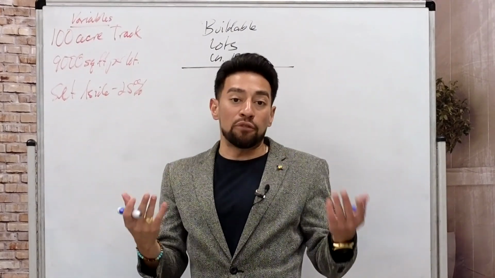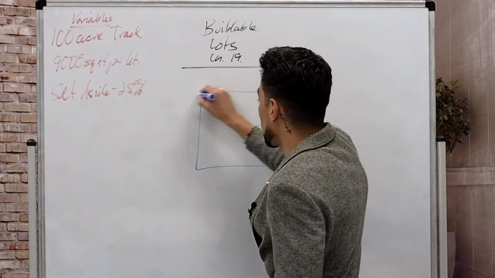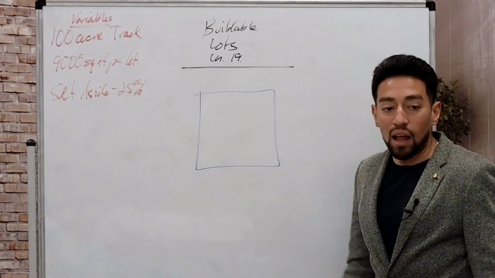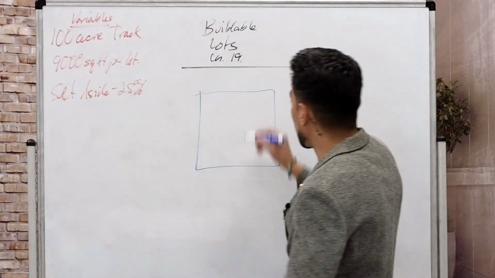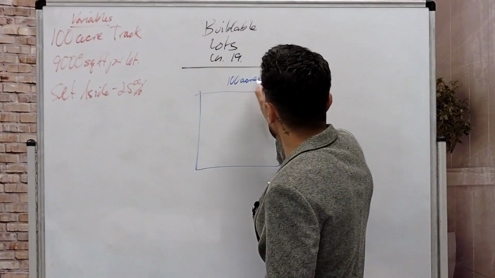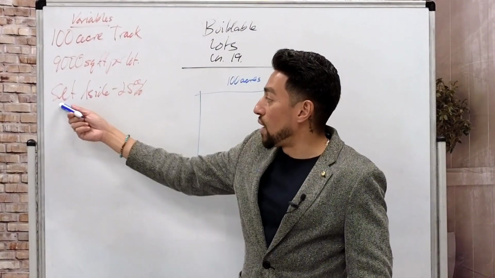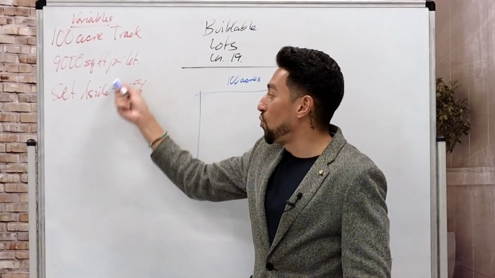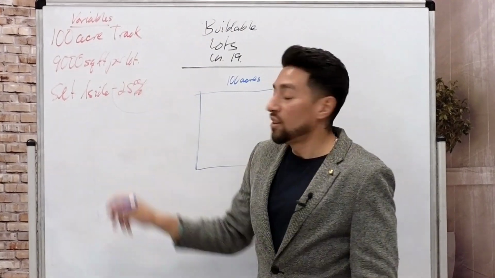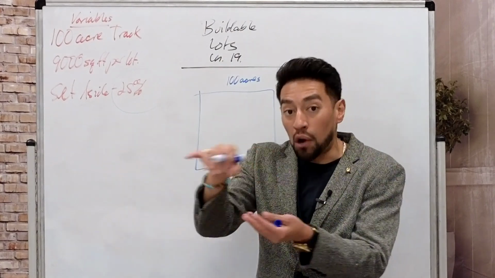So logically, my first step is understanding that I have 100 acres. Imagine that is your plot of land, 100 acres. Now, what does the problem tell us? That we must set aside 25% for streets and everything. I don't necessarily have to draw out the blueprint.